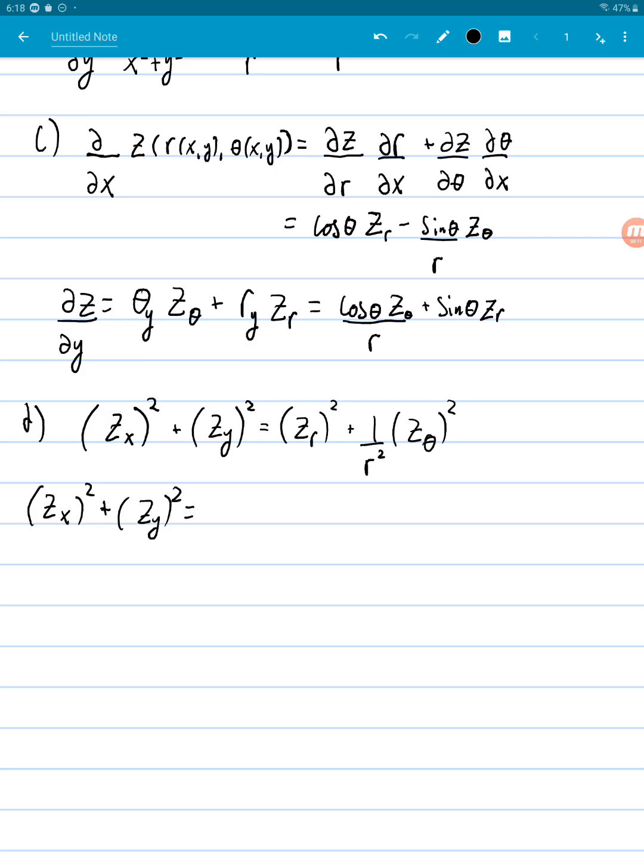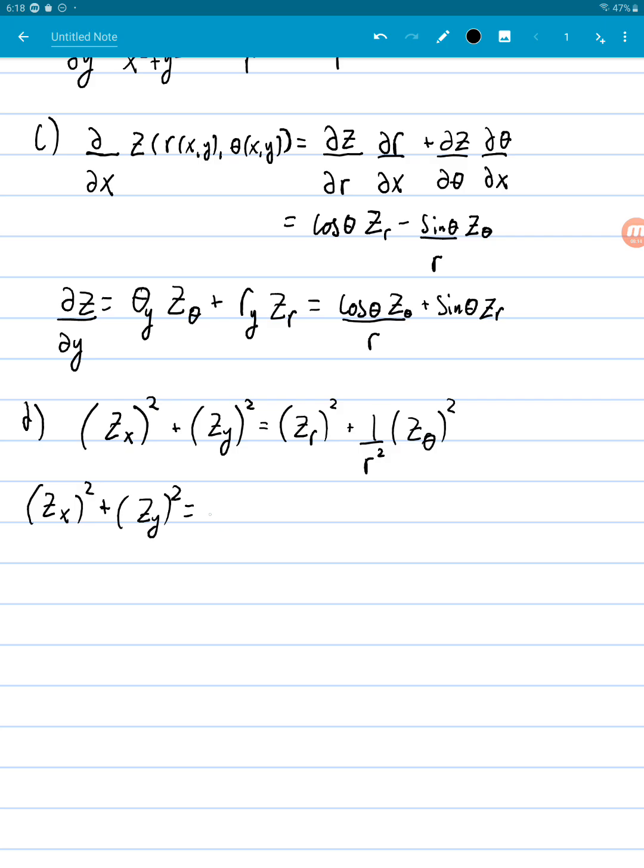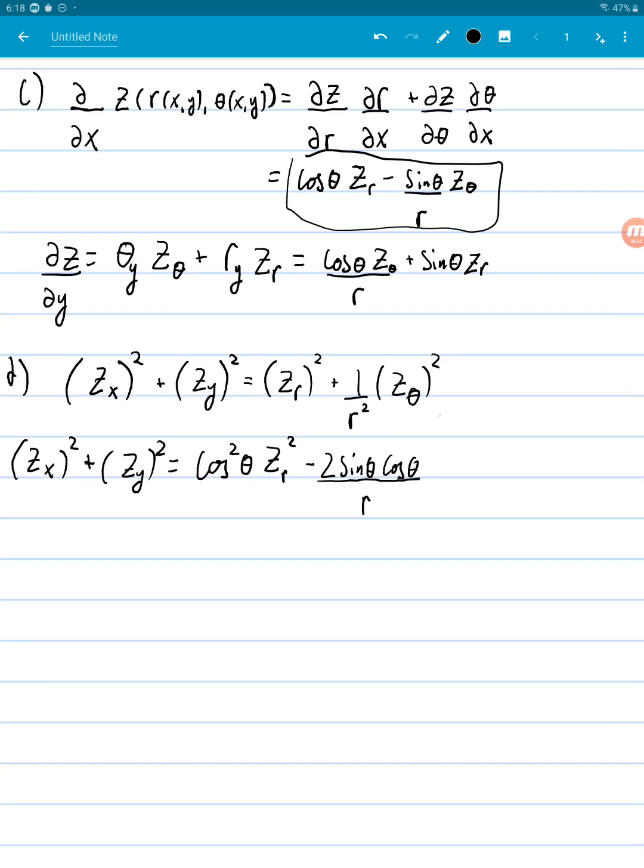So dz by dx squared is going to be, looking back up here, cos squared theta zr squared minus 2 sine theta cos theta over r times zr z theta plus sine squared theta over r squared z theta squared.